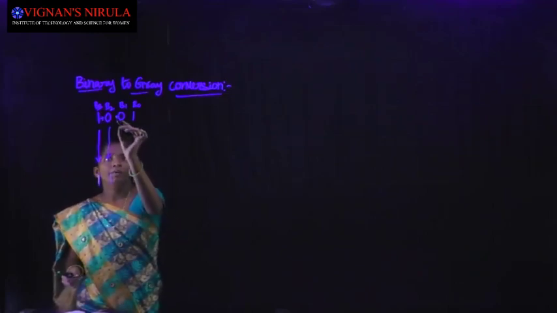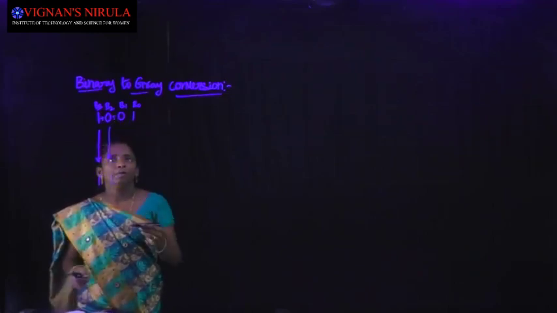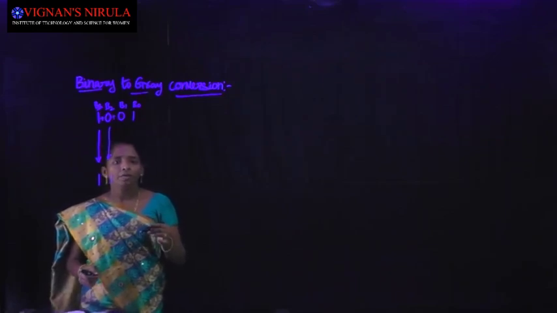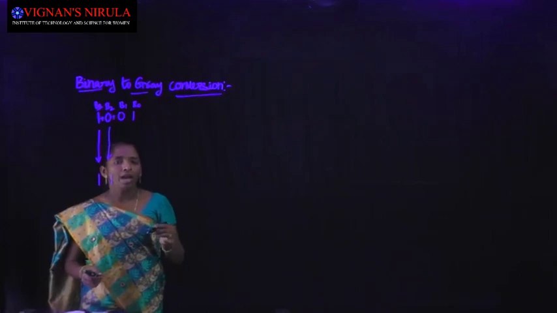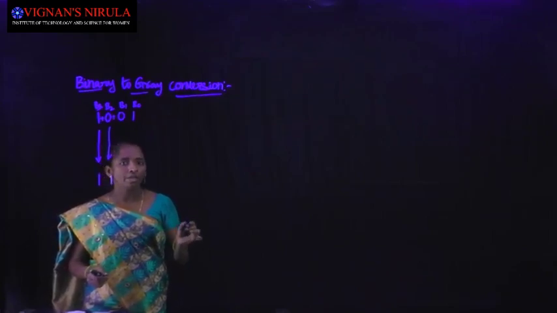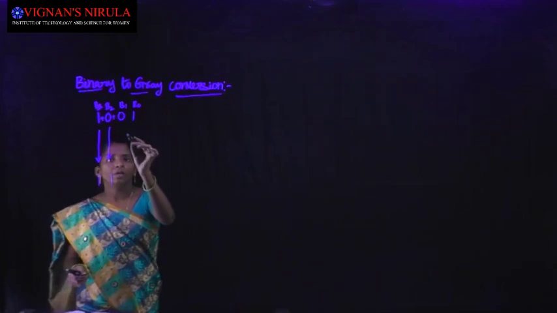Now add B2 plus B1, that is MSB minus 1 plus MSB minus 2. So 0 plus 0 is 0.